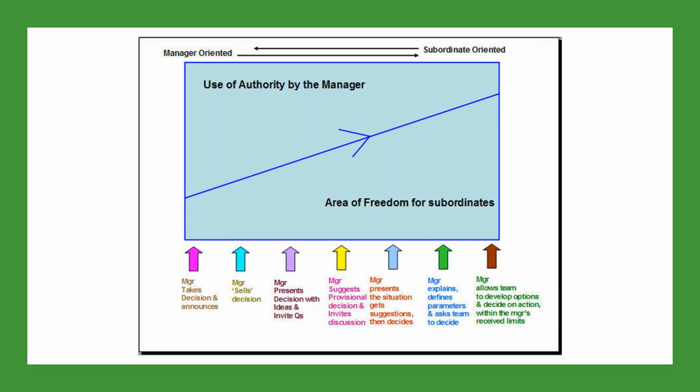And then as we go to the blue arrow, this is where the manager presents a situation and gets suggestions and ideas from the team members. So this would be where the leader wants the team completely engaged in the solution, so much so that they're asking for people to make suggestions about how they might ultimately deal with a problem that's facing the team.